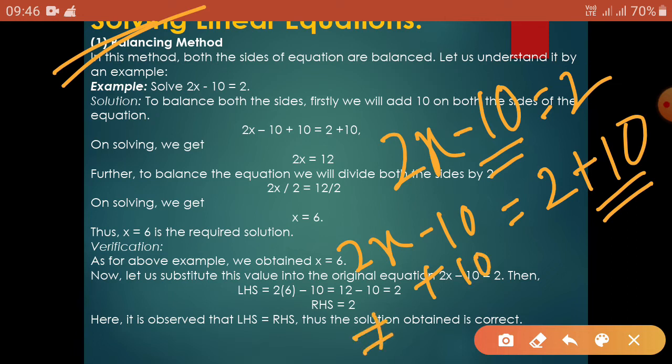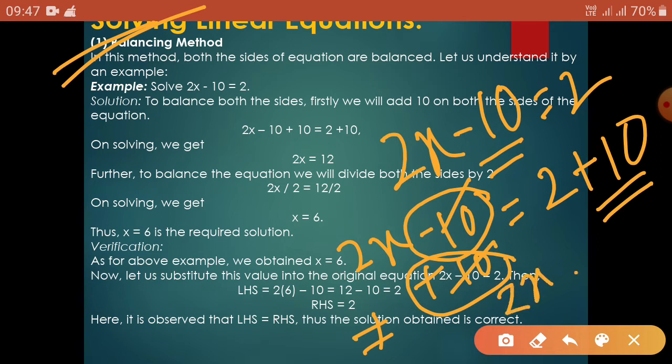Here it is minus 10, so we are adding plus 10 on both sides to nullify this value. Plus 10 minus 10 gives 0. That means on the left side it is 2x and on the right side it is 12.